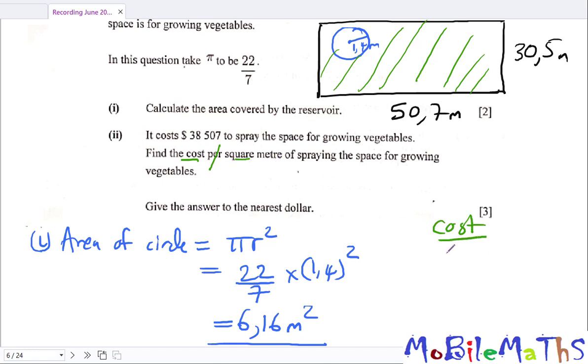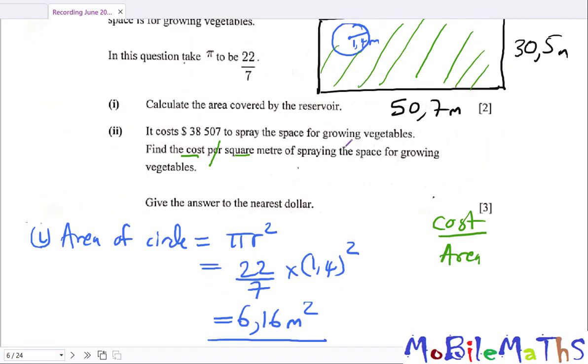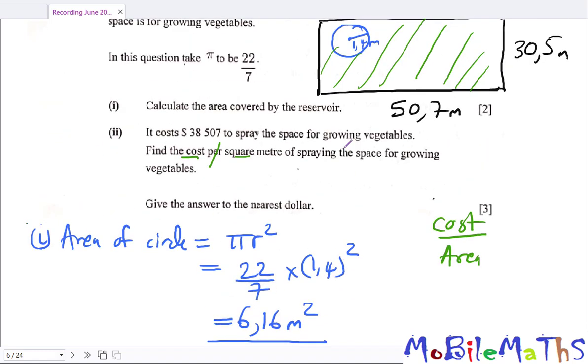Square meter is basically area. So we must find also the area that we are growing vegetables, then we divide the money by that area. So let's find the area. How do we find the area? Remember, we've got a reservoir, so we are going to subtract the area of the reservoir from the rectangle area.